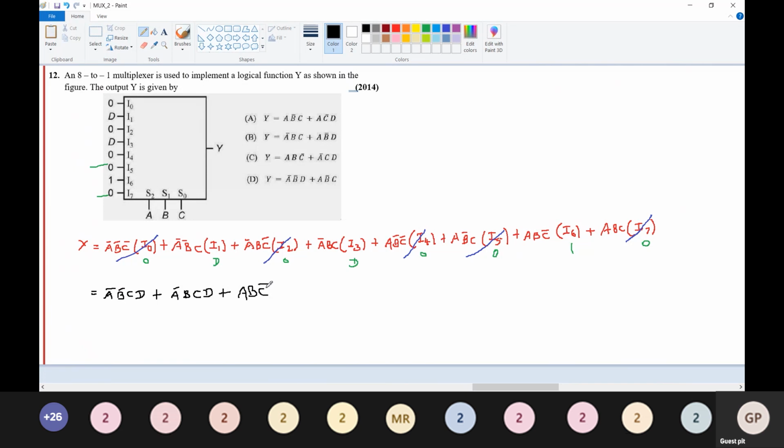Here see whether any terms are common. You have only two distinct product terms here, you have three, so there should be some minimization.